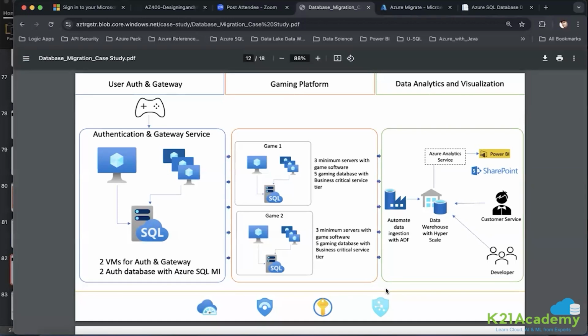And the data that is getting captured, right? We need to figure out how the data integration can be done from various gaming servers to make it centralized and then probably push it into your data warehouse, and from there we can think through further analytics and other processes. So definitely, there are multiple ways.